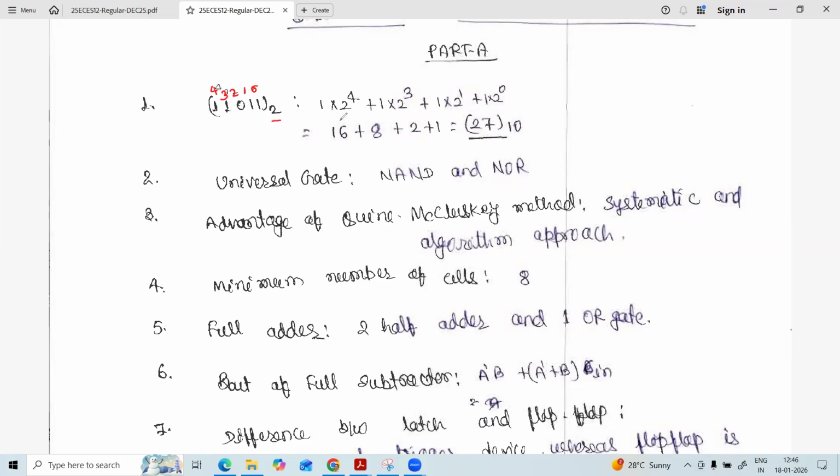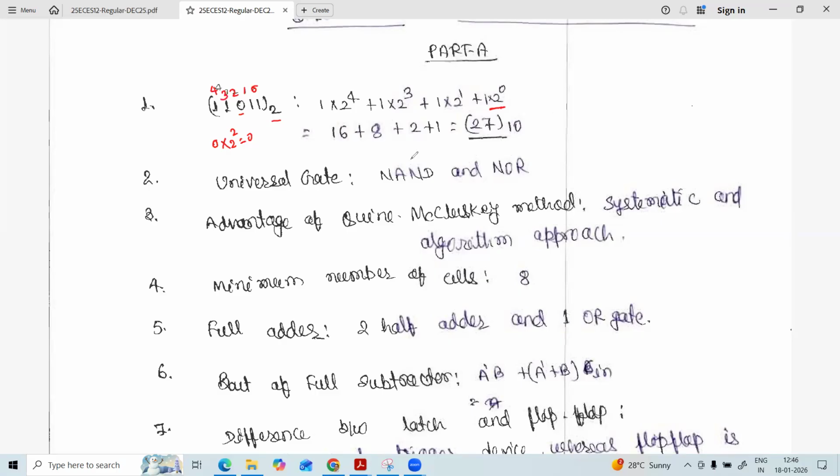So we have 1 into 2 to the power 4, 1 into 2 to the power 3. The 0 is not counted, since we multiply 0 with 2 to the power 2, and that value is going to be 0. So finally there is 16, 8, 2, 1, that is 27. Many students have written 26. They made a mistake here, maybe they were confused and wrote this one as 0.